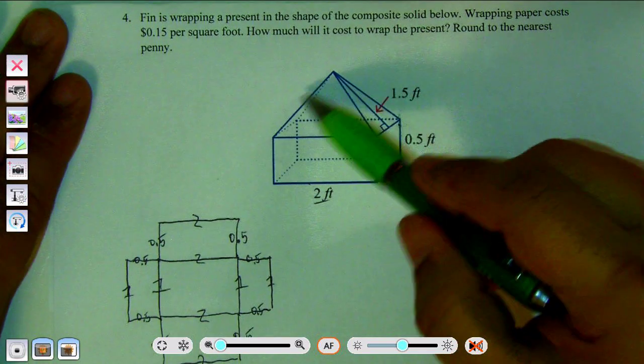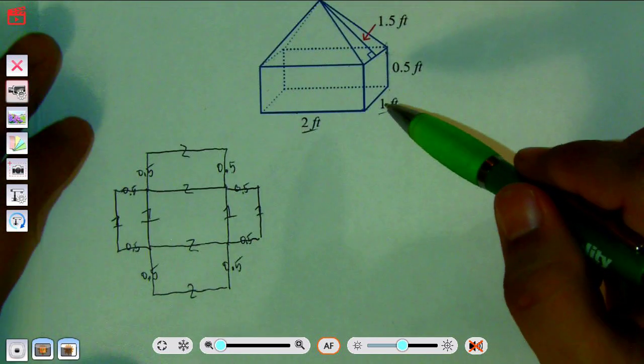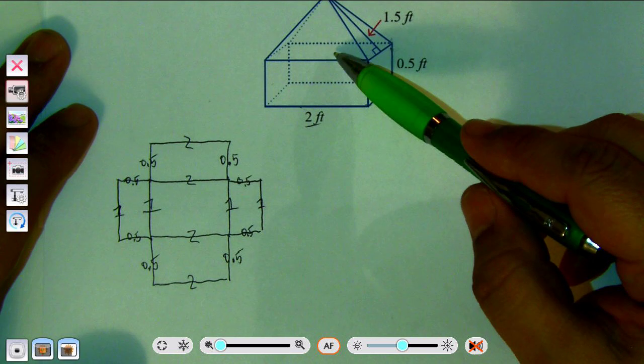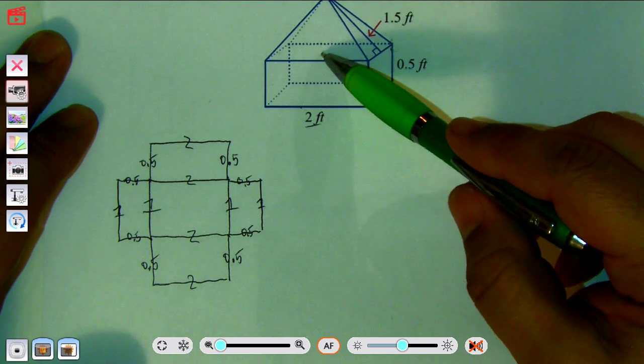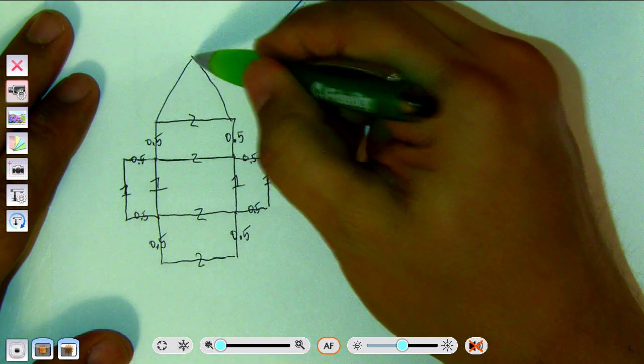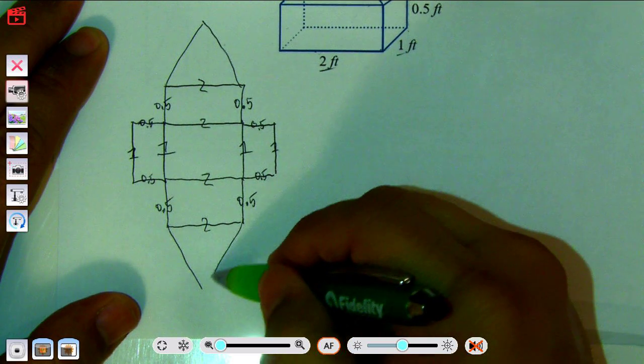Then there's the 4 triangles, and we disregard the base of the pyramid, again, because it is sitting in the middle of the shape. It is not an outside face. So we have 4 triangles.